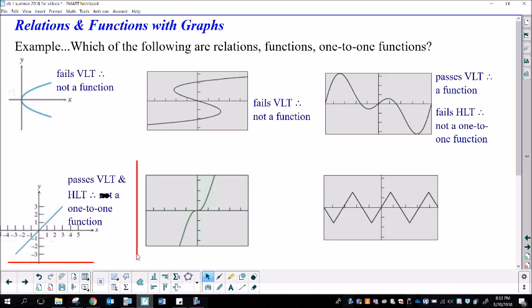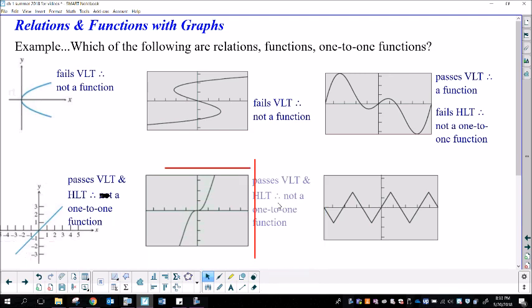Moving on to the next graph here. We pass the vertical line test. We also pass the horizontal line test. Therefore, we again have a one-to-one function, and we're going to remove that word not there. It is a one-to-one function.